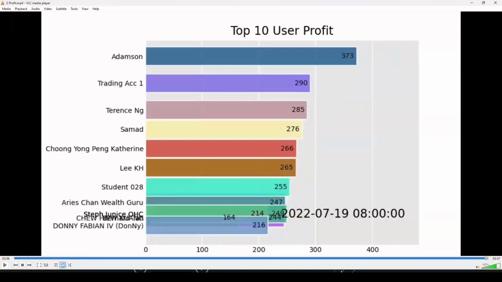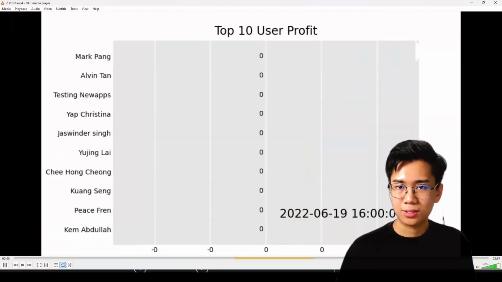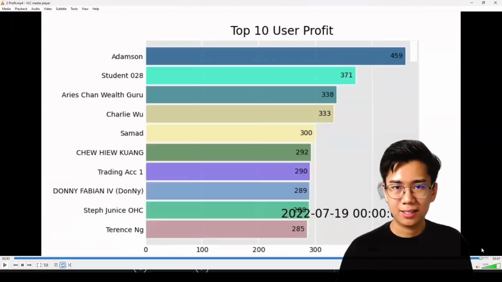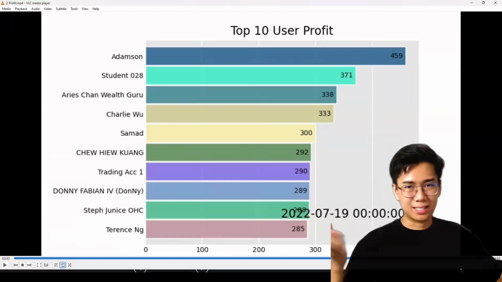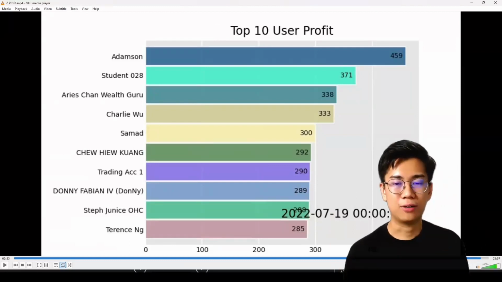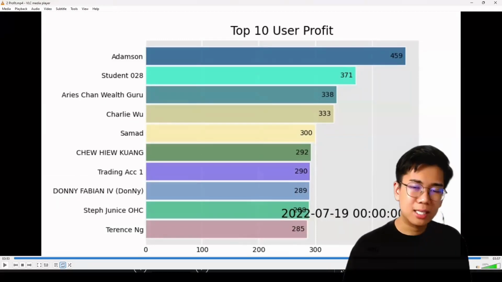Alright, give a round of applause to all of the great traders over here. You guys have been doing good. So what you guys can see over here is that the important thing is not about making profit. I mean, guys, they can all make a profit of around 10 to 20% ROI in a month. And with that said, you are going to bring the same skill again and again.